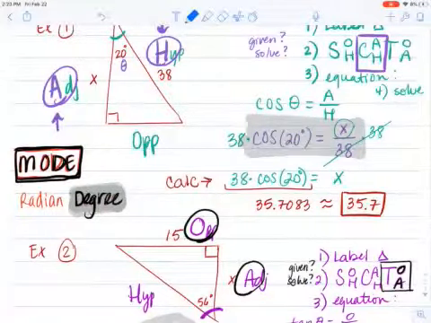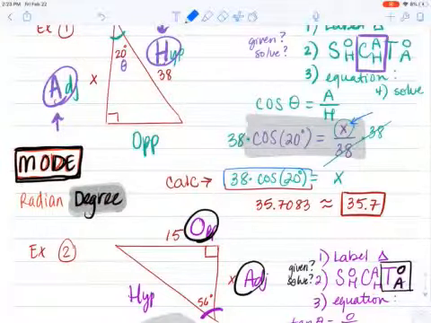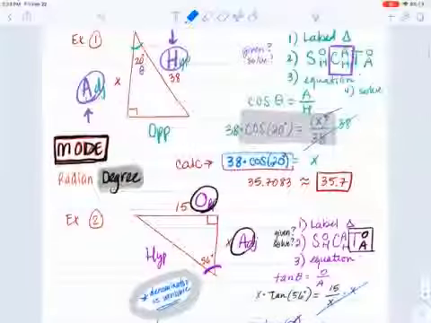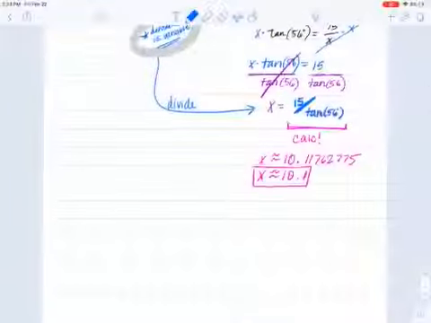So notice where the variable is at now. He's in the numerator, not the denominator. And what did we end up doing right here? Multiplying. Multiply 38 times cosine of 20. So you can kind of remember those tricks, but mostly as long as you set up the equation and just understand how to solve correctly, you'll be fine.